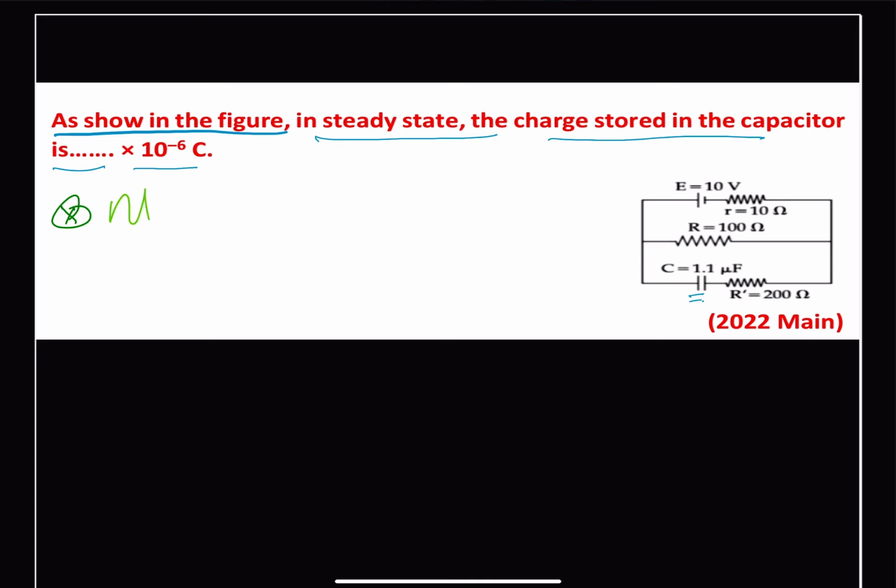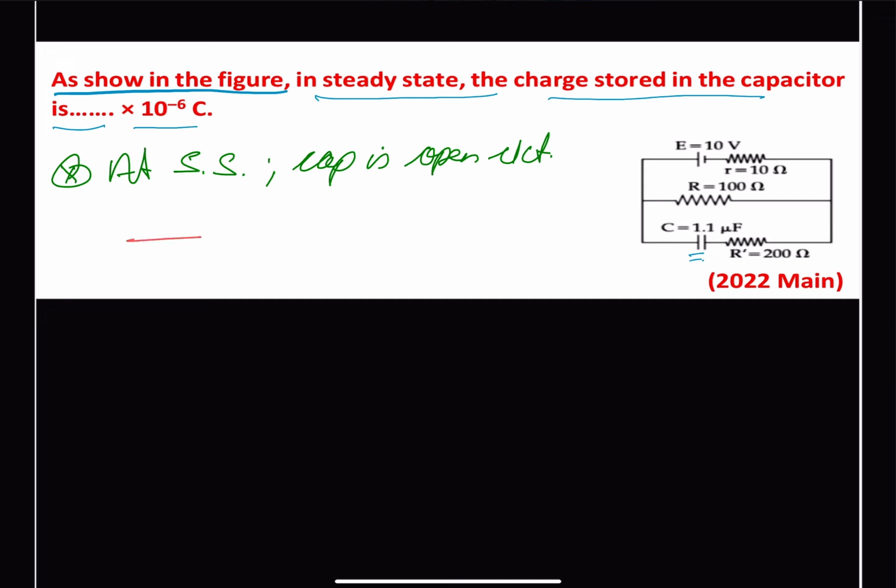At steady state capacitor is open circuit. So we can just redraw the circuit. So capacitor will be open circuit.